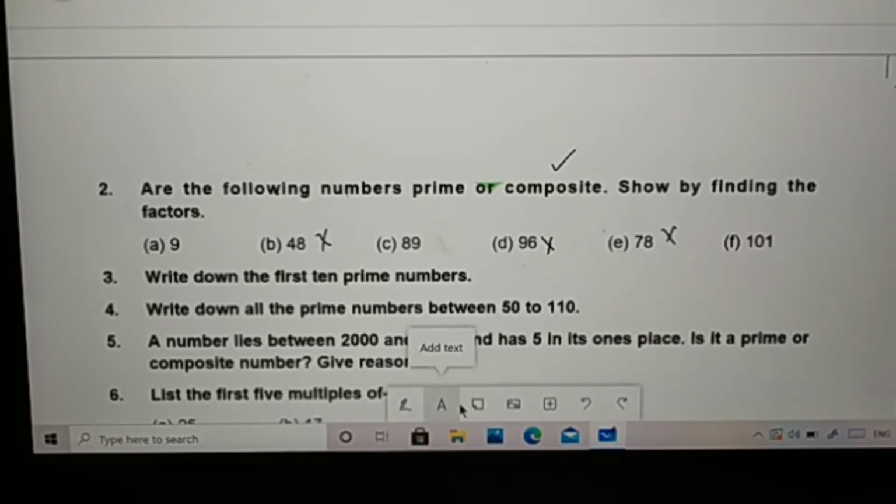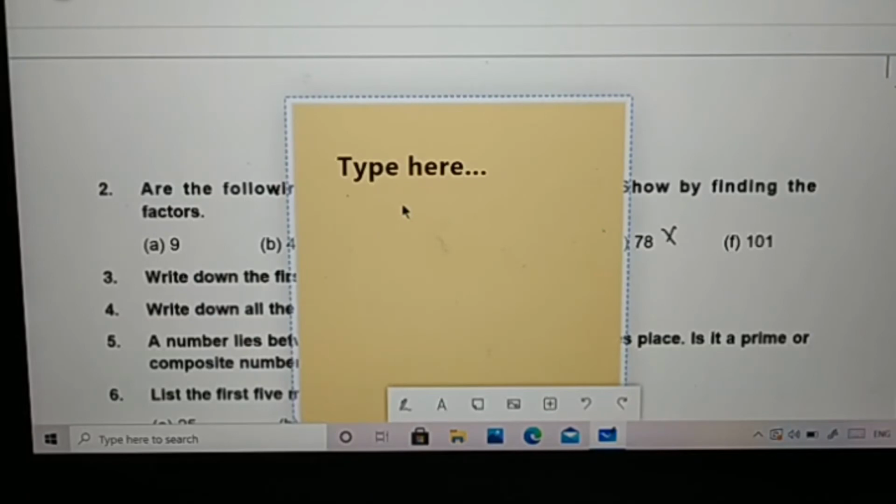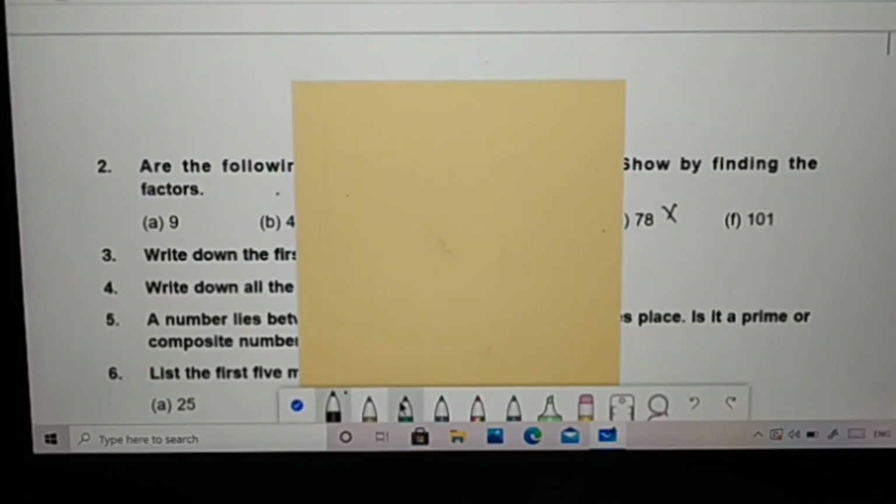So let's check in a rough note how many factors 9 has. We write 9, and the factors of 9 are 1, 3 and 9. So it has a factor other than 1 and the number itself. So it is a composite number.